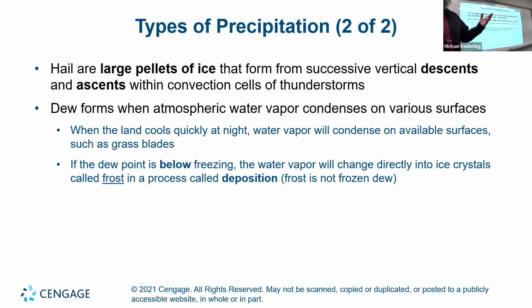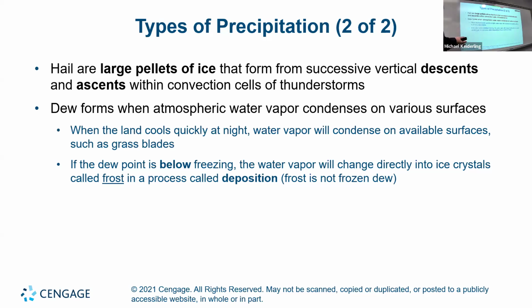Now, dew forms when atmospheric water vapor condenses on various surfaces. So dew just forms from direct condensation of water vapor on a surface. You've probably seen this if you have a cold drink, water condenses on the outside. Same process, just the land cools down or it gets cold at night, and water vapor condenses out on various surfaces.